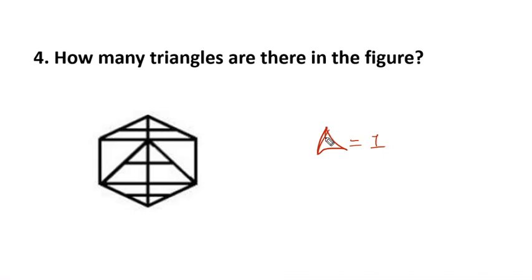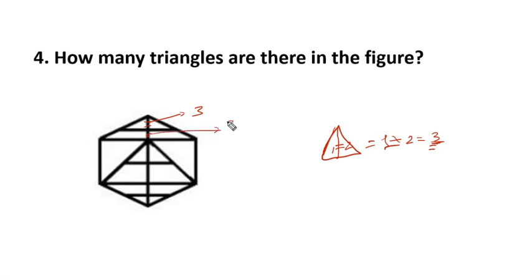If I put a vertical line in between these two, there are 1, 2 and the bigger one, so 3 triangles. So plus 2 are added. Whenever you find a shape like this, you can find 3 triangles.